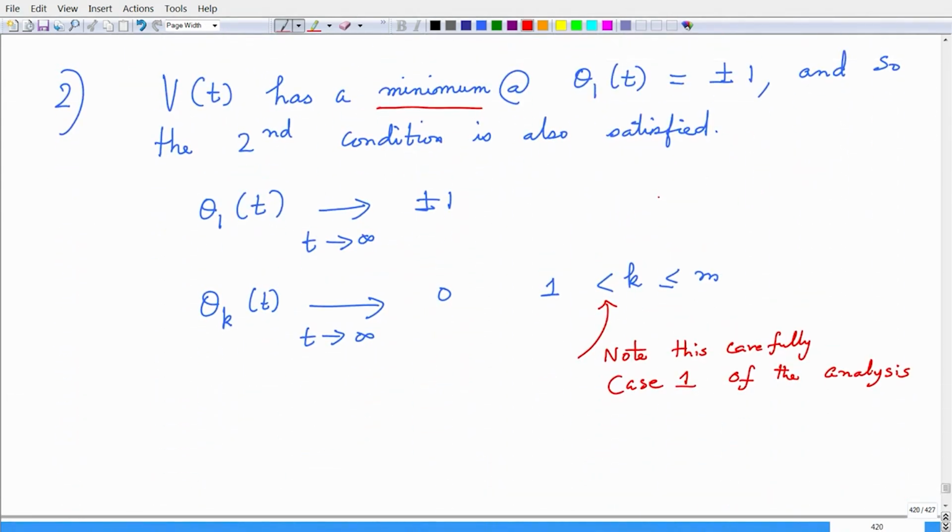The 0 case we ignore, and this is a non trivial case. And the second condition is also satisfied, that V of t has a minimum. So now what it means is theta 1 of t as t goes to infinity heads to plus minus 1, and all your other modes theta k of t as t goes to infinity dive to 0.